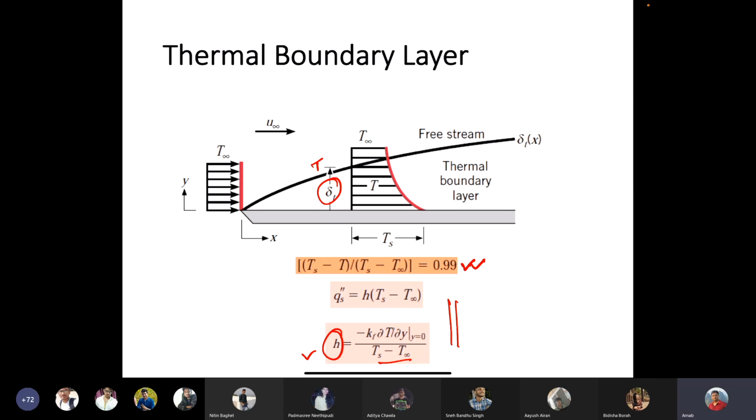The surface temperature and the free stream fluid temperature, this difference is constant, and so it is independent of the direction x.